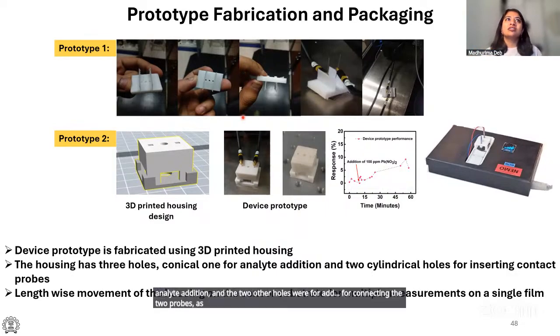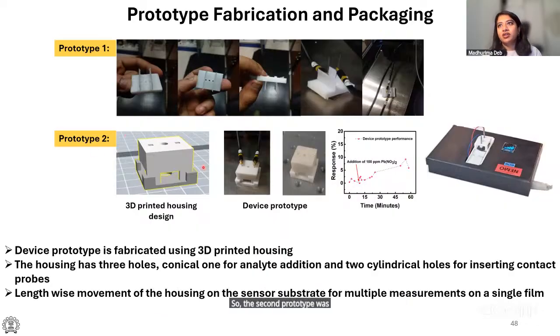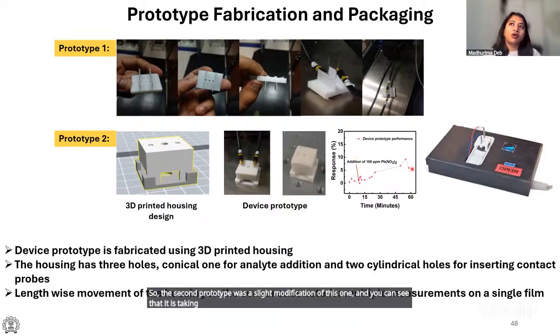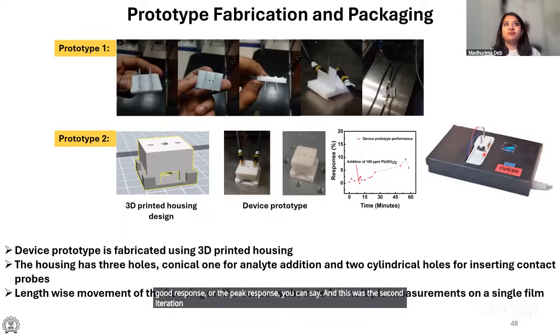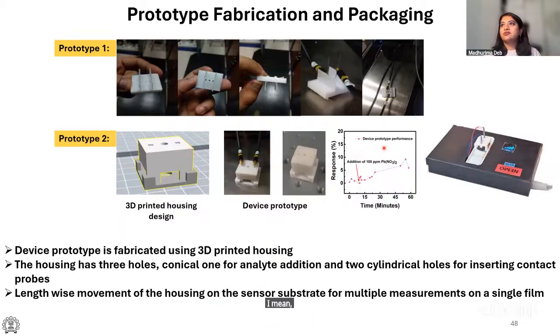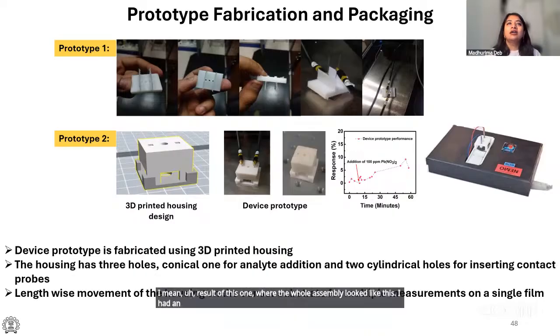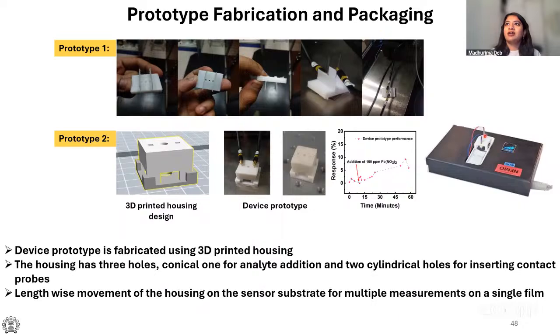The second prototype was a slight modification of this one, and you can see that it is taking way too long for a good response, or the peak response, you can say. And this was the second iteration, the result of which, where the whole assembly looked like this, I had an OLED display.